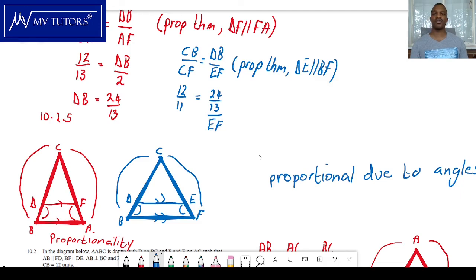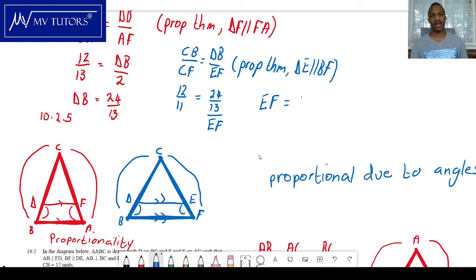Now I just need to do some mathematical gymnastics. So what I'll do, if I make EF the subject of the formula, I bring it this side, so that EF times 12 over 11 is equal to 24 over 13.